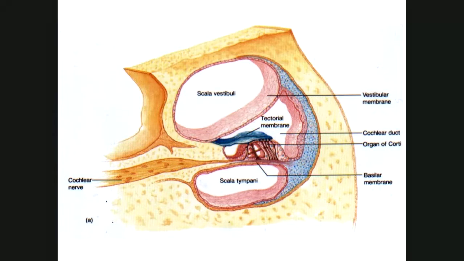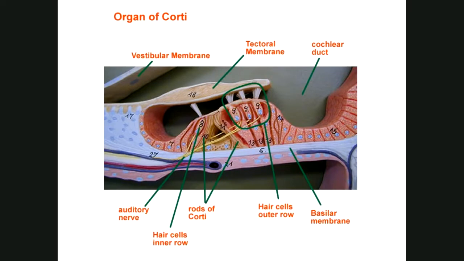But again, there's where the hair cells are, right there. And there's our tectorial membrane. So when the fluid makes this membrane move up and down, these hair cells are going to get bent. Again, that's our organ of Corti. And so that's what it looks like.